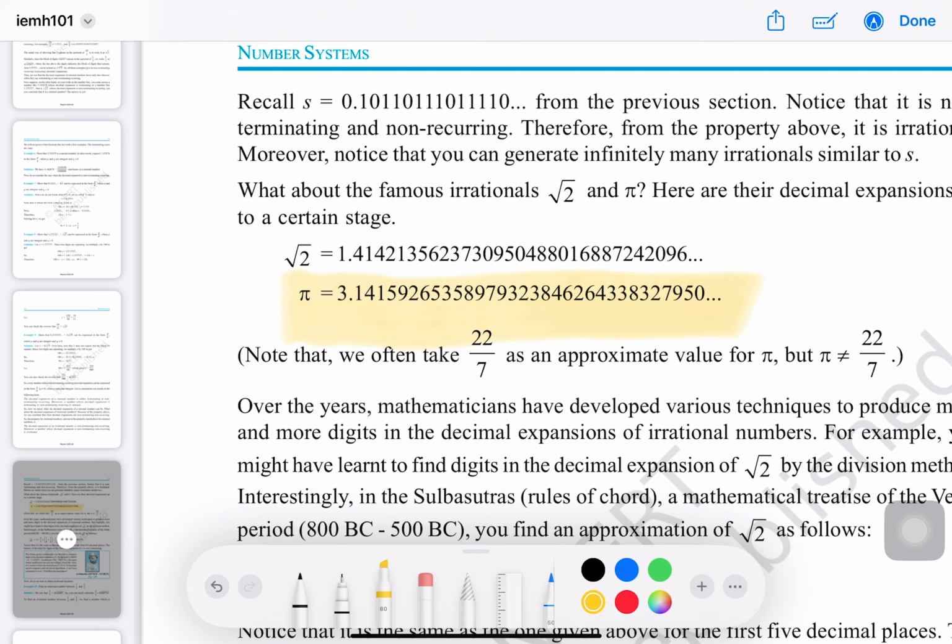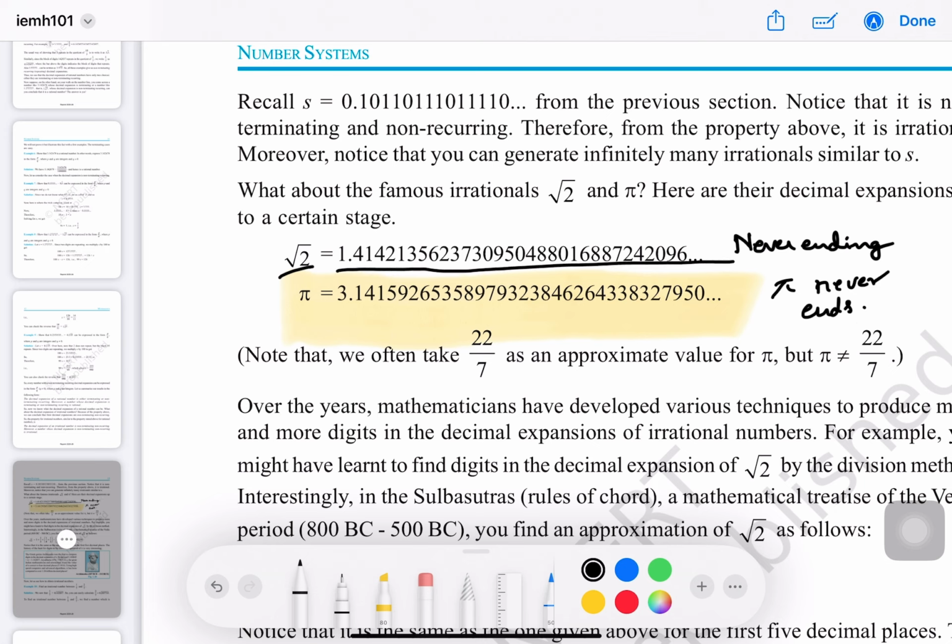It never ends. Similarly for root 2, it is never ending, and root 3, root 5, everything. These numbers keep on going, and there is no pattern that we see or say that they are repeating. They're just going on their own.